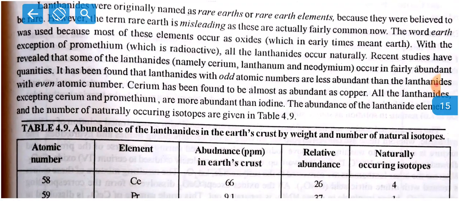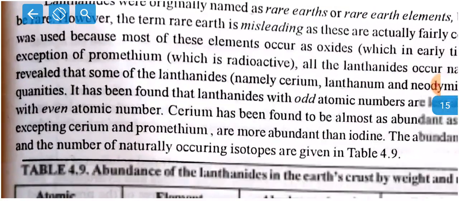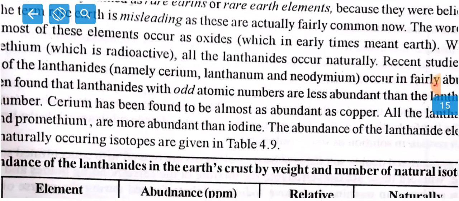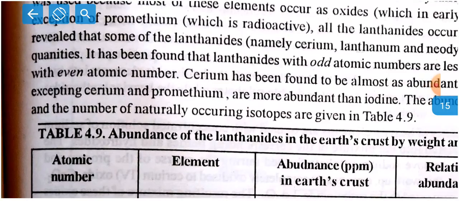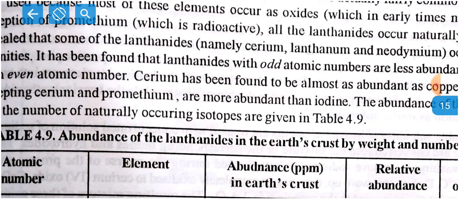Recent studies have revealed that some of the lanthanoids, namely cerium, lanthanum, and neodymium, occur in fairly abundant quantities. It has been found that lanthanoids with odd atomic number are less abundant than those with even atomic number. Cerium is almost as abundant as copper.